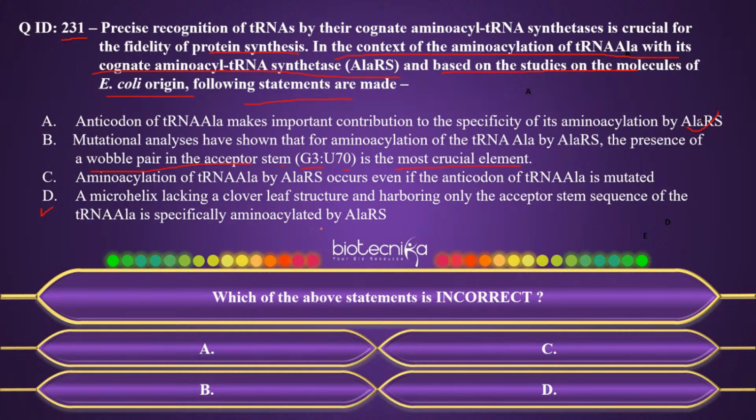Yes, Jelena and Gabriel, since they haven't mentioned that it is present in dimeric form, therefore it is incorrect. So Kirtana says option C. You have to basically pick which option is the incorrect one, right?